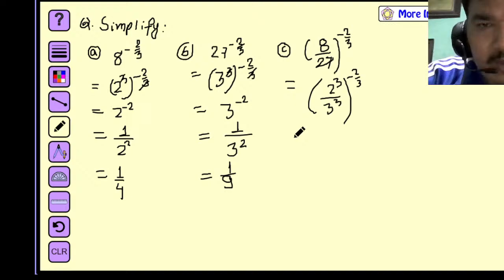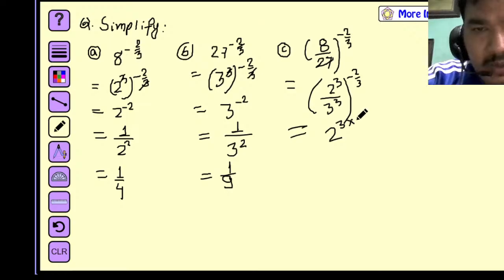As we know, when opening the bracket, this power and this power multiply, so it will be 2 to the power 3 into minus 2 by 3. This 3 and this 3 cancel. Similarly the same happens for the denominator also: 3 to the power 3 multiplied by minus 2 by 3. Then this 3 and this 3 also cancel.